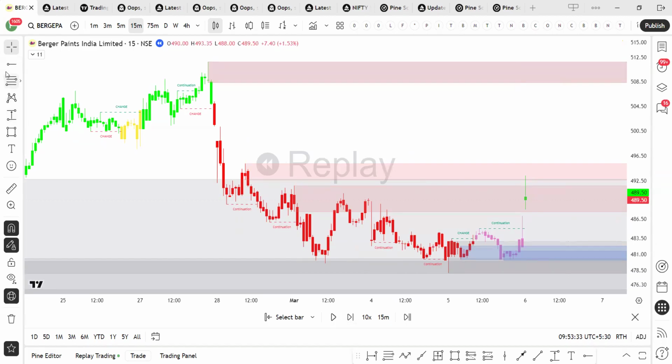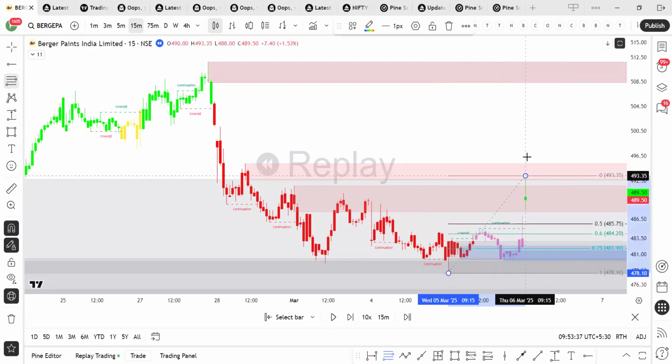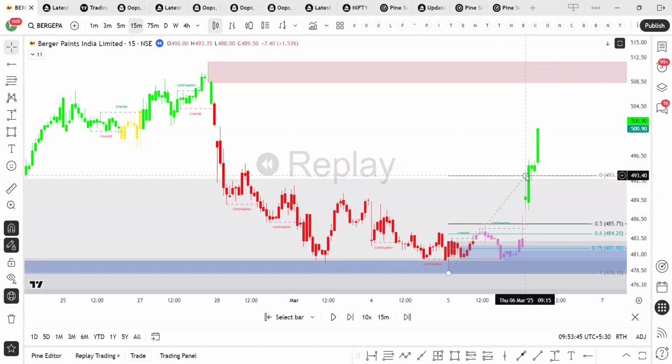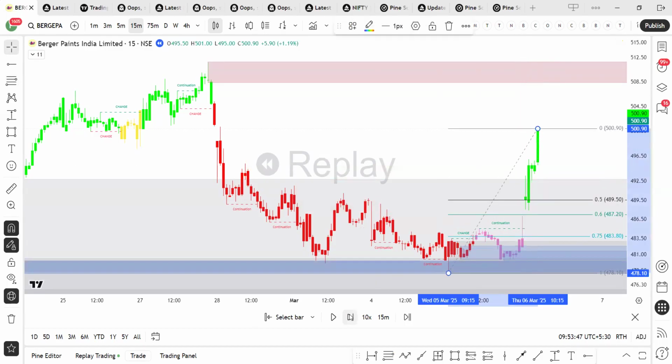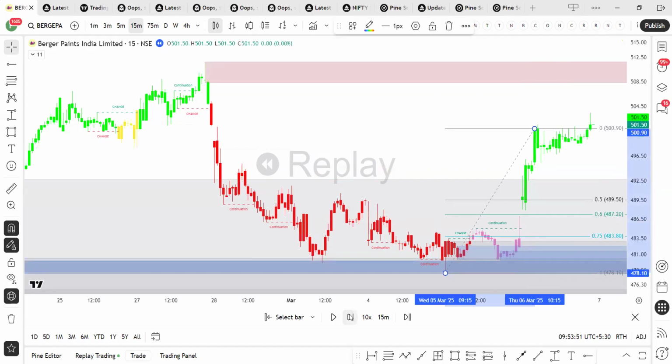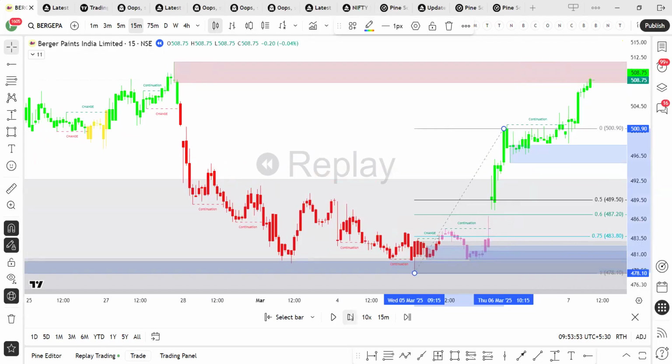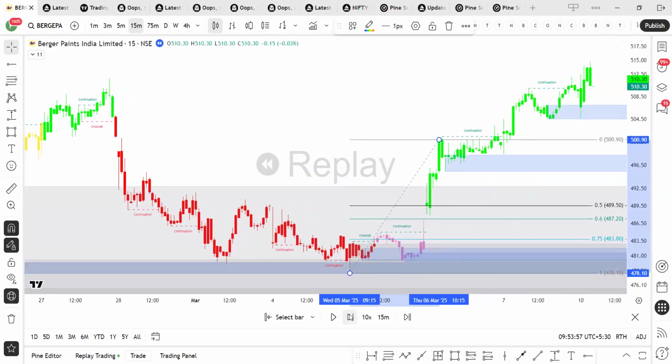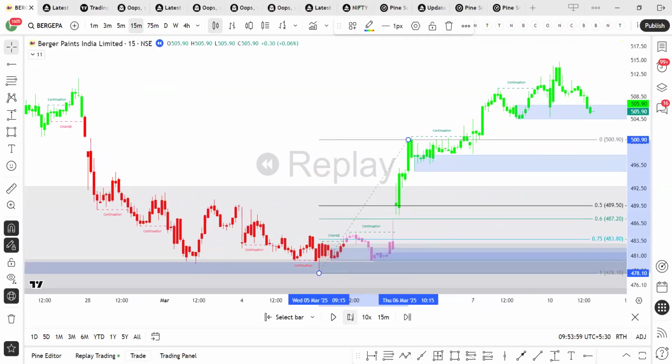So I'm looking for some confirmation again in addition to the original daily time frame. If it comes down and gives me retracement, it immediately went up. It did not give retracement. So it did not give a retracement entry, and I will look for next opportunity later on.